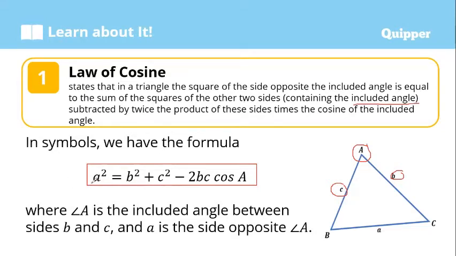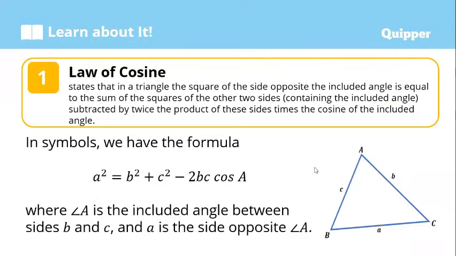Since A is here, the sum of the squares of two sides, we have B and C, then subtracted by twice the product of these sides, which are sides B and C, and then times the cosine of the included angle. Included angle is A. That is if the included angle is A.